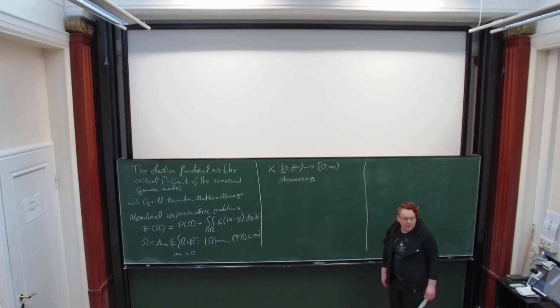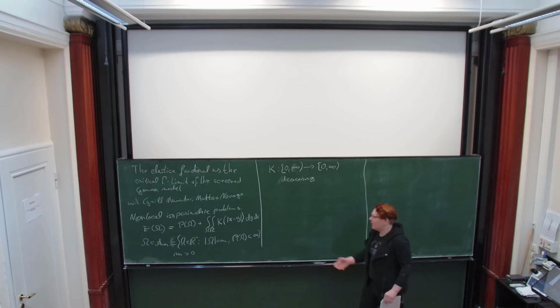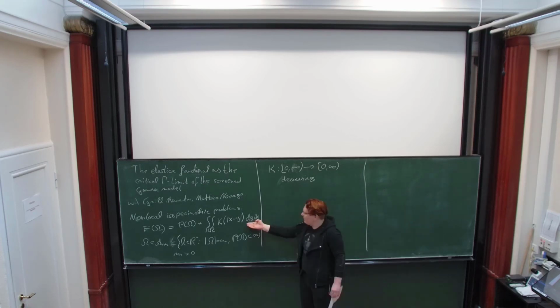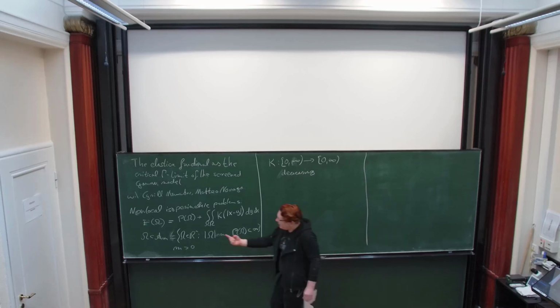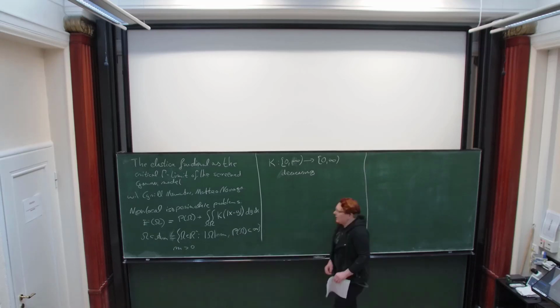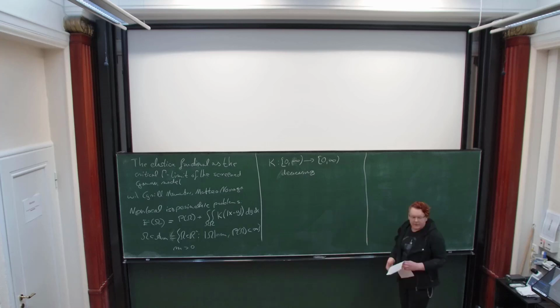And the obvious questions are, what are the minimizers of this? What do they look like? And because you have this competition between attraction and repulsion, there is even a question of non-existence.